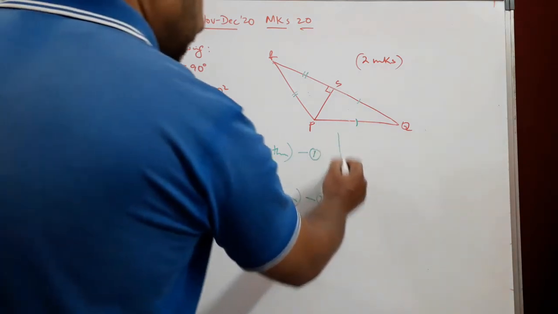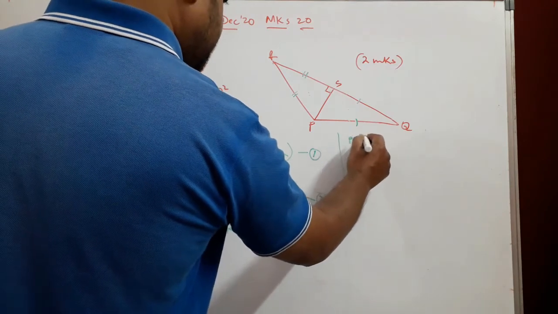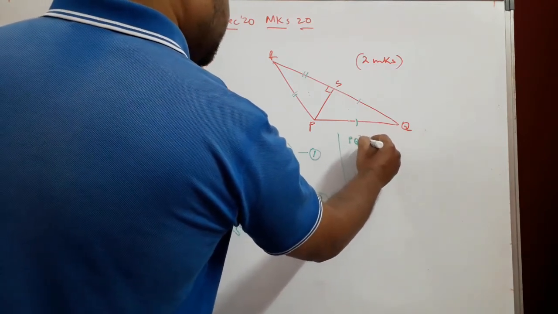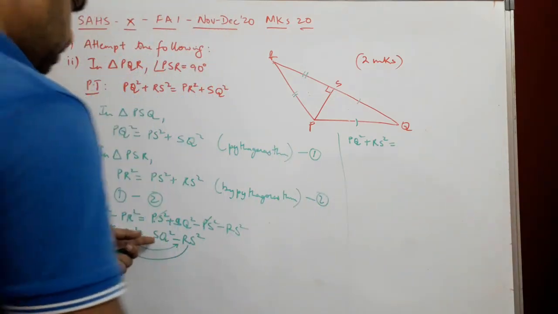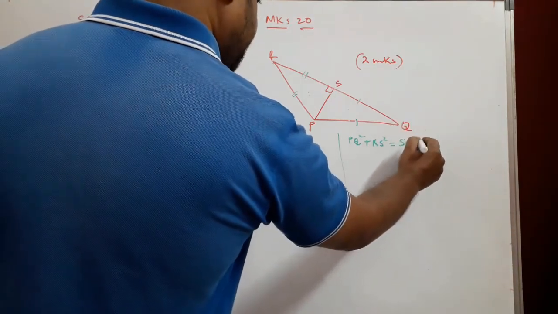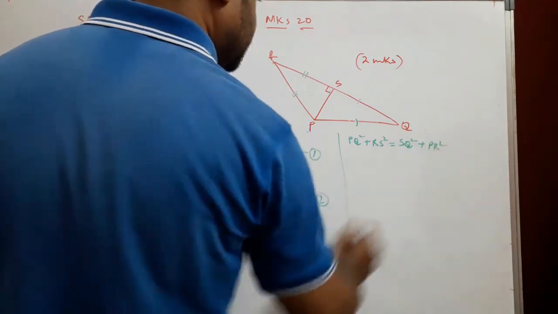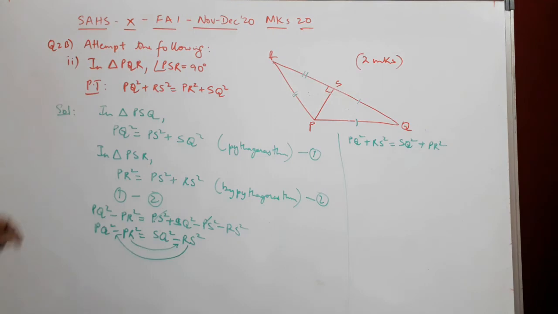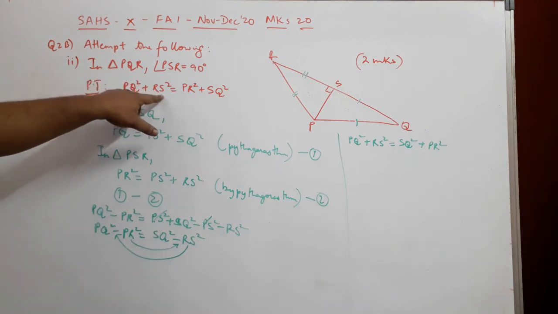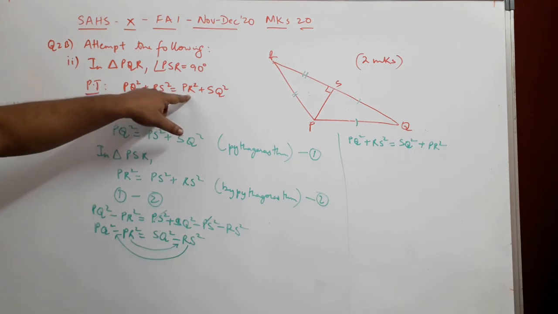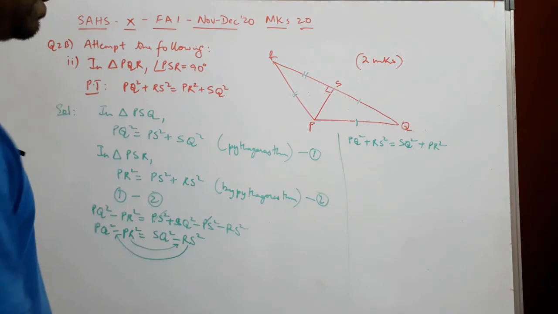When we switch sides, we get PQ square plus RS square equal to SQ square plus PR square, right? And that is exactly what we have to prove: PQ square plus RS square equal to PR square plus SQ square. We proved just the same, hence proved.